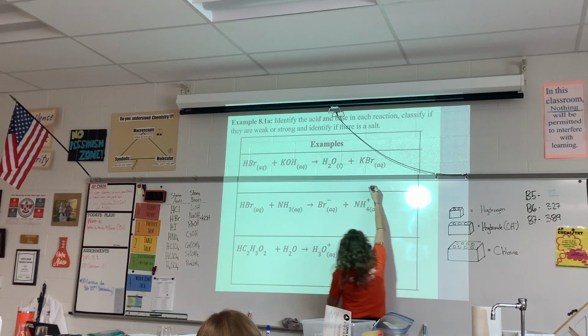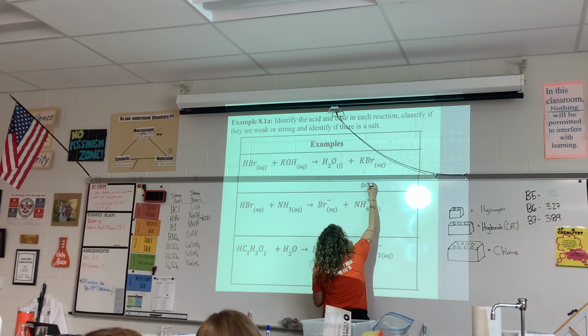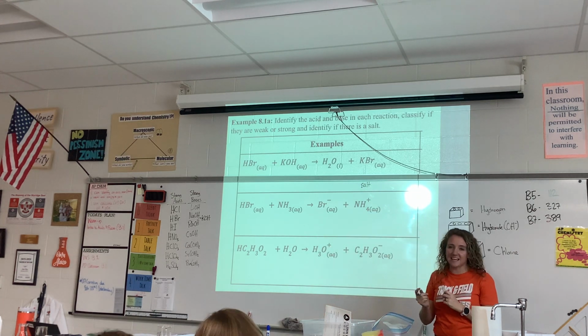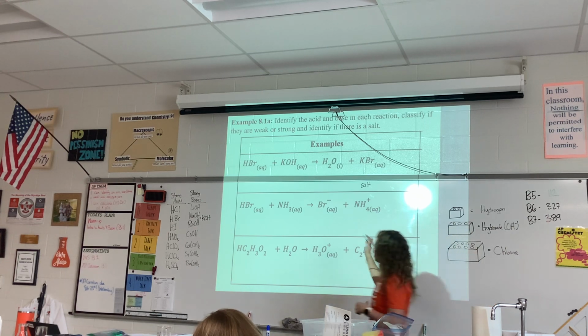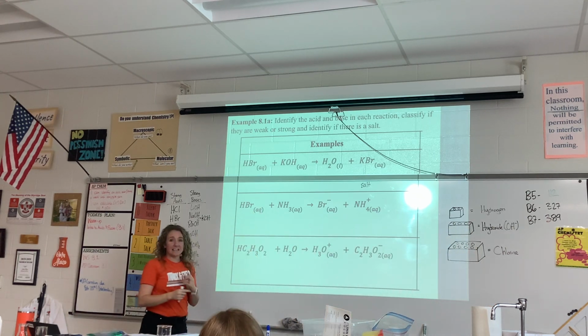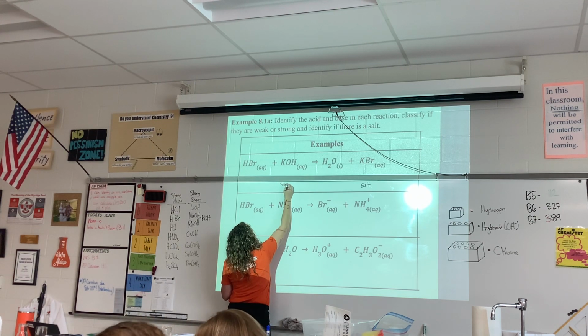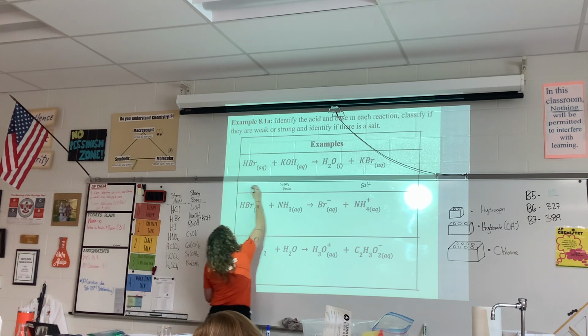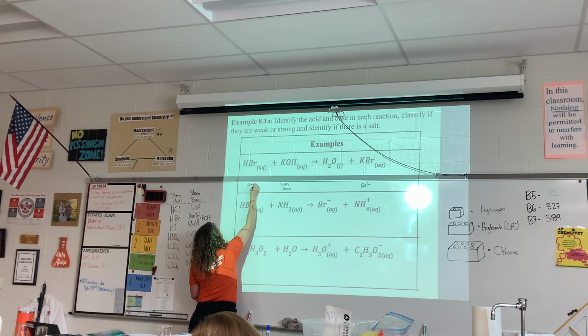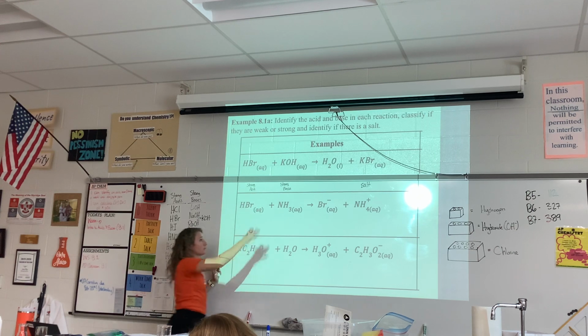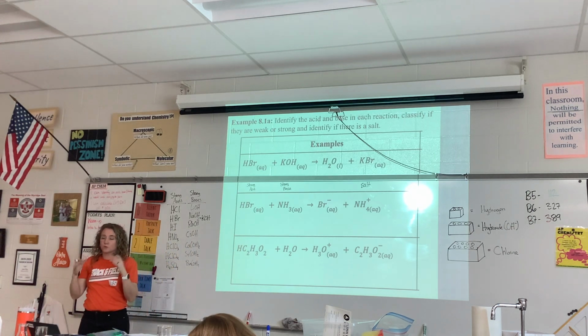So I know this is a salt because it's ionic. So now coming over here, I can identify the base, because strong bases always have OH attached to them. So I know this is my strong base, and this is my strong acid. So if your products are water and a salt, you know for sure that they're both strong.